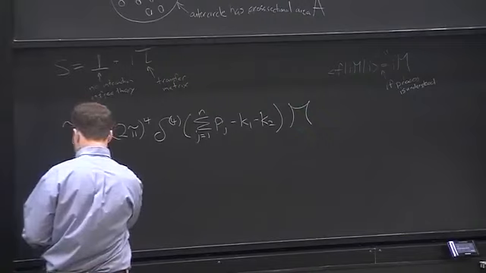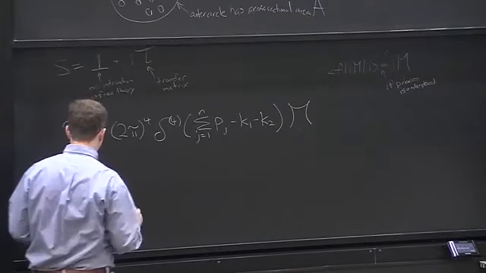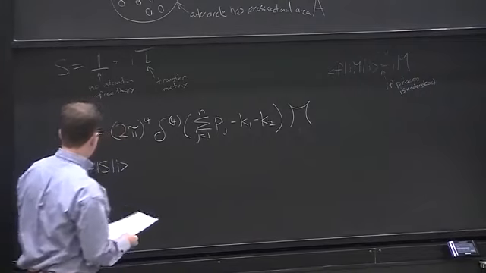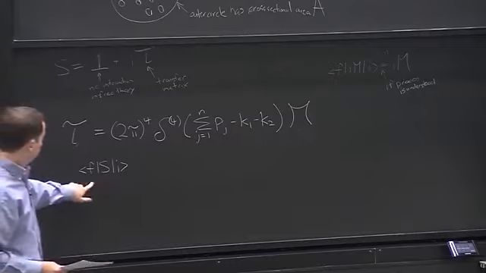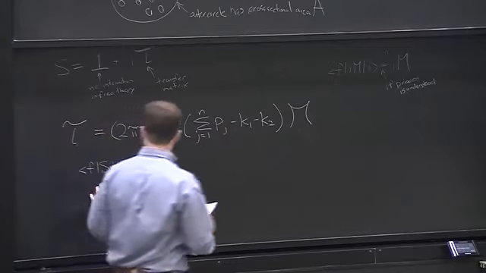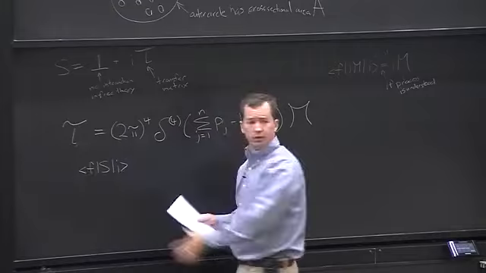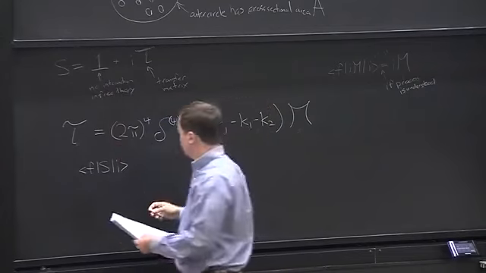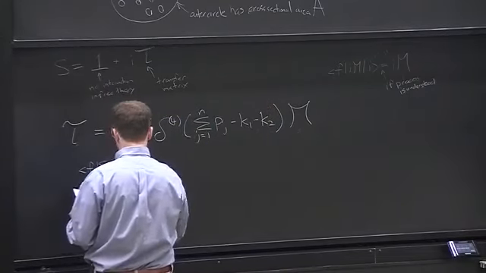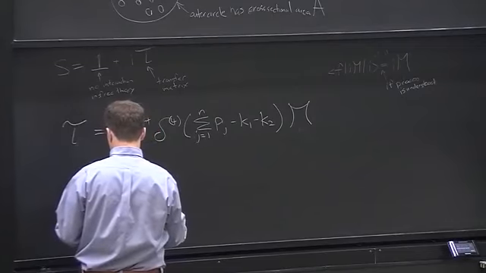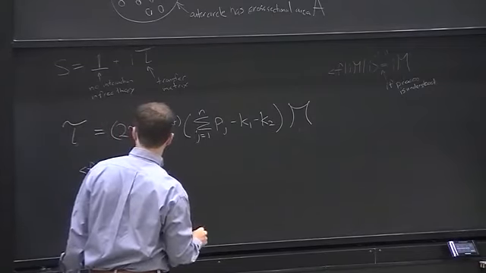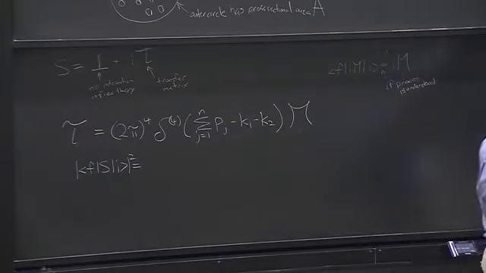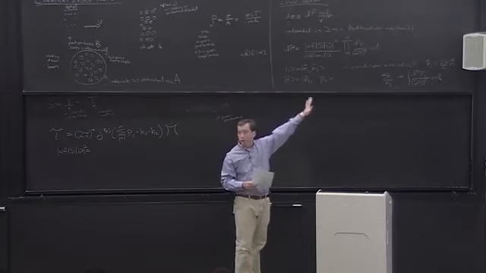Okay, so the interesting part of this matrix element, <f|S|i>, let's assume that i and f are different, so this one part won't contribute. Well, what we're interested in, computing the differential probability, is the square of this.